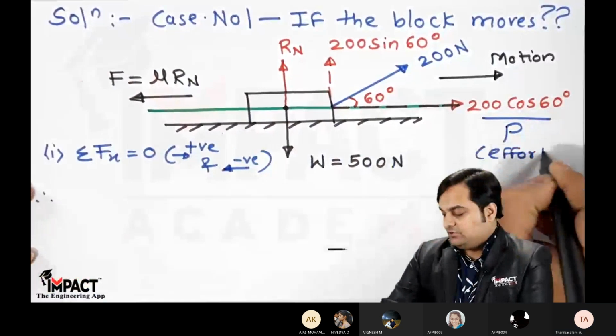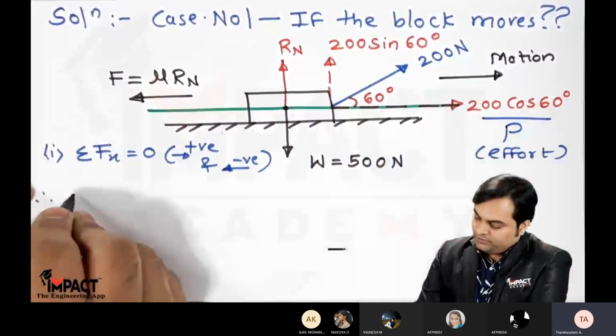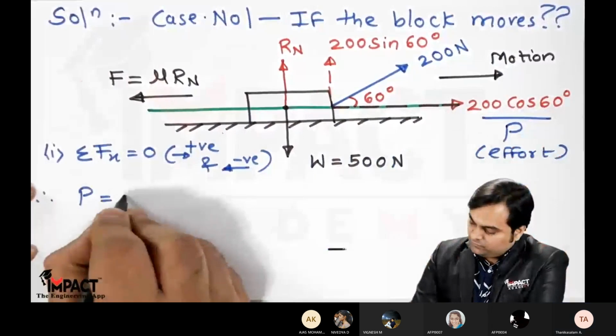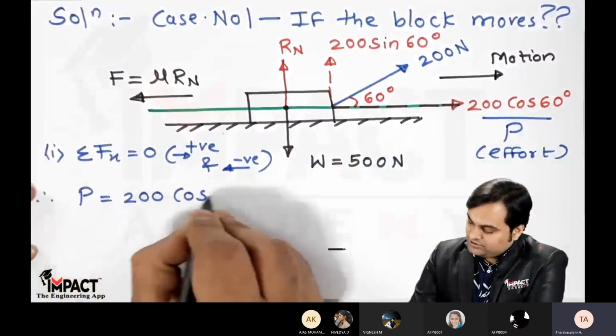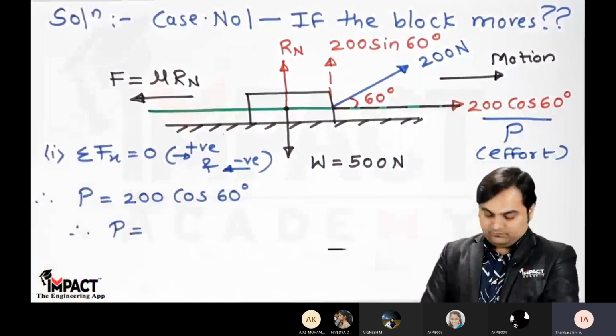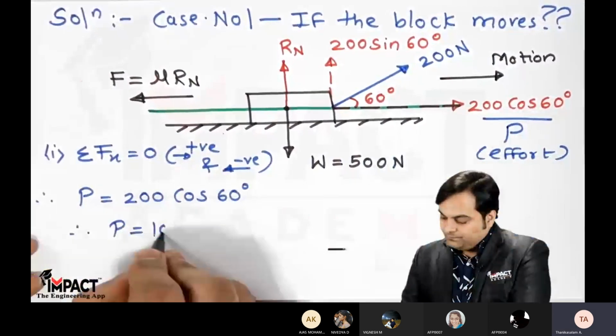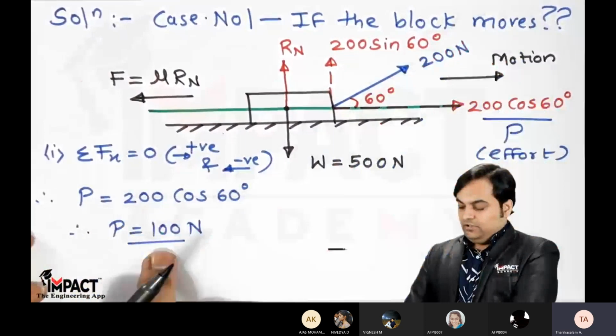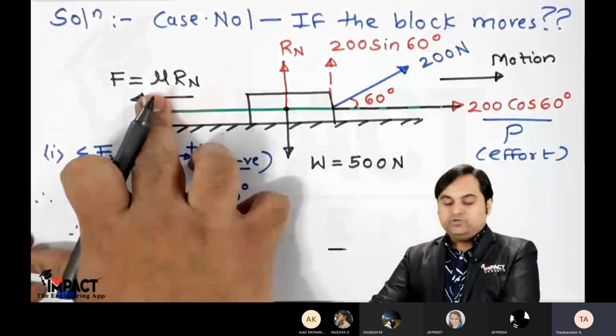So force P is equal to 200 cos 60, and the value is 100 Newton. Now I need to compare this with the friction force, where mu is known to us and only Rn is to be calculated.